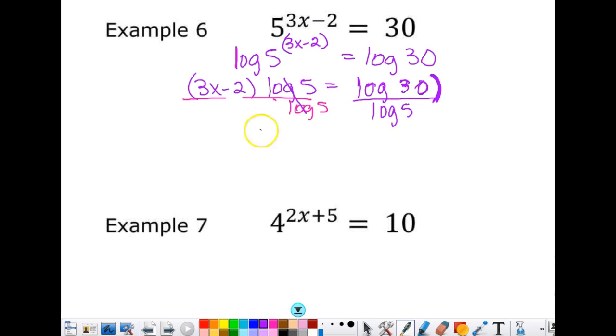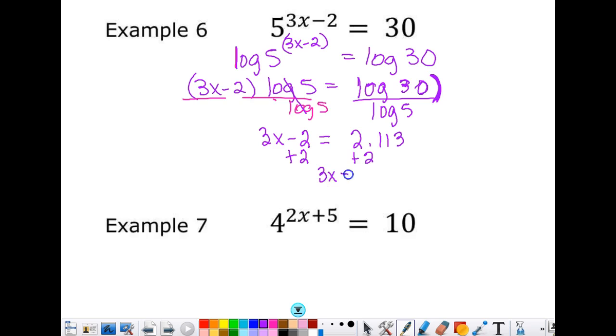Okay? Then the log of 5's cancel. Okay? So now we have 3x minus 2. What is log of 30 divided by log of 5? Yeah, 2.113. Okay, now you just solve it, okay? Don't let the fact that this is a decimal throw you off. Add 2.